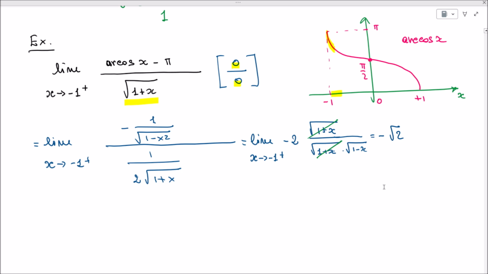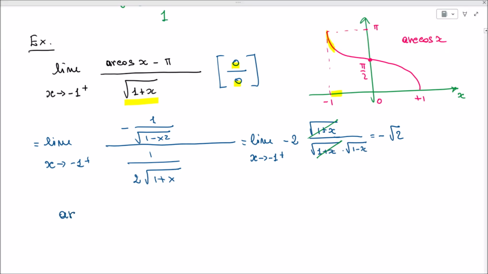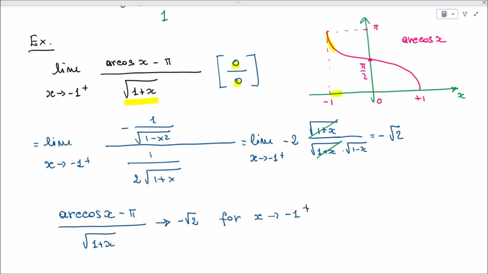of the function arc cosine of x, because now let me restate the result that we have. We had that the arc cosine of x minus pi divided by the square root of 1 plus x tends to minus square root of 2 for x that goes to -1 to its right.